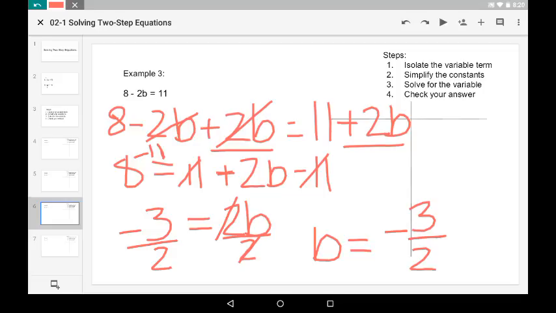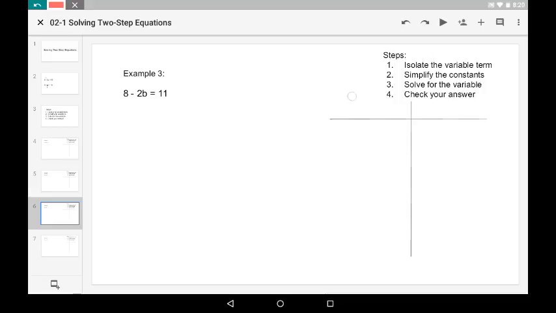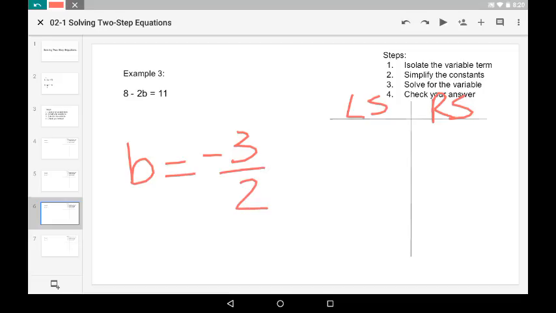So now let's check our math and make sure that it works. Left side, right side, and just a reminder, we had b is negative 3 over 2. So we'll sub this in over here. 8 minus 2 times negative 3 over 2 is equal to 11.